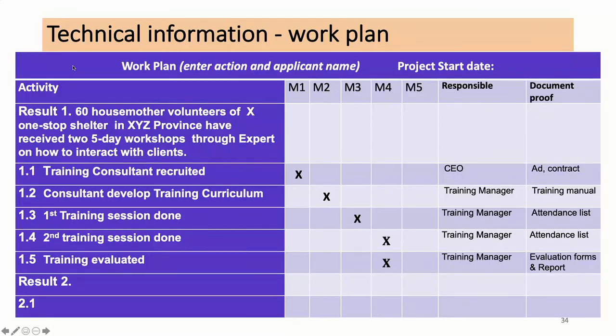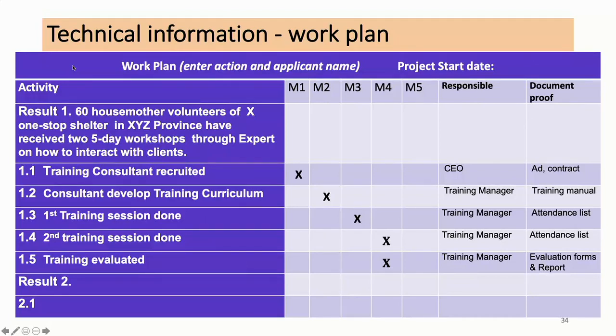Activity number 4, the second training session, 5 days. We plan to have that in month 4, shortly after the first training session. Who's responsible? The training manager. Our evidence, the attendance register for the second training. Activity number 5, training evaluated. That we'll also do in month 4, immediately after the second training. We'll most probably do it after the first training as well.